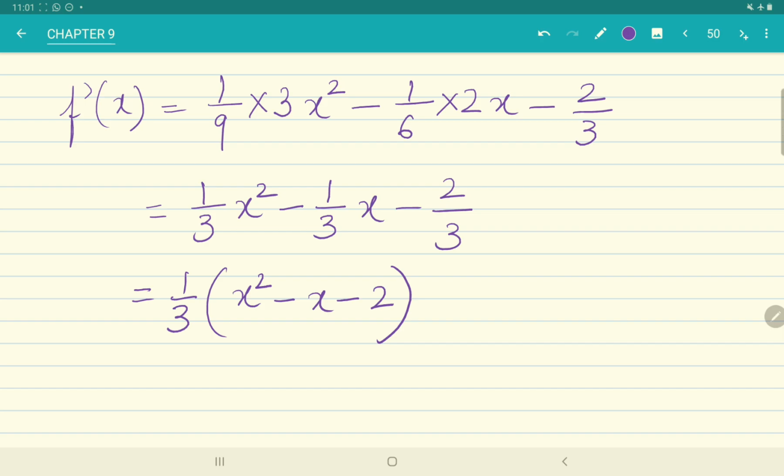And if I just take x squared minus x minus 2, we need two numbers whose product is minus 2 and their sum is minus 1, and those numbers would be 1 and minus 2. 1 minus 2 is minus 1, 1 multiplied by minus 2 is minus 2.